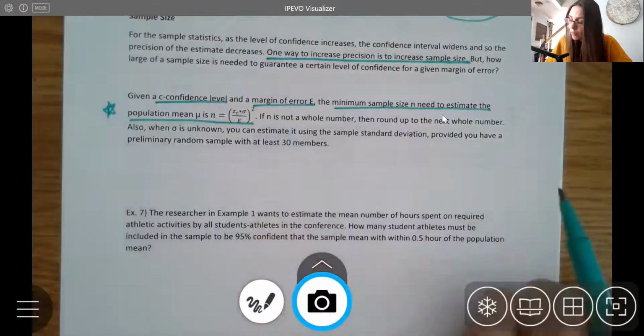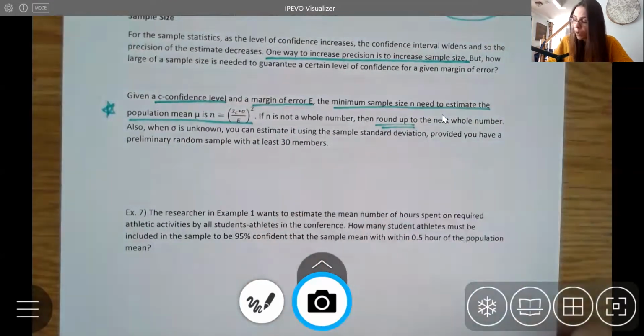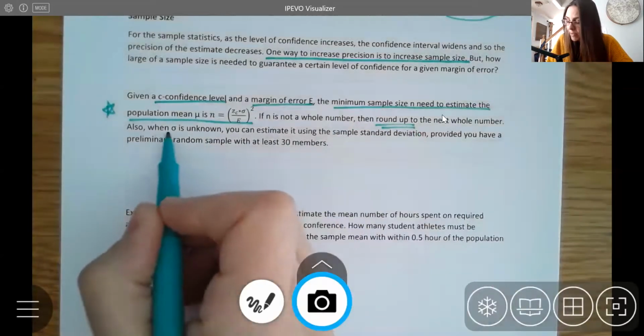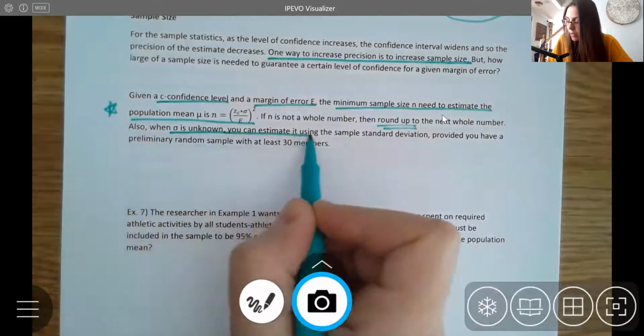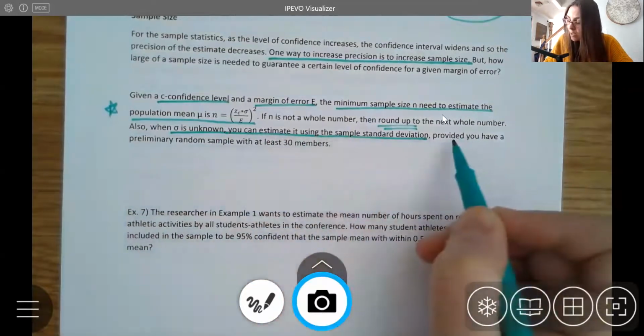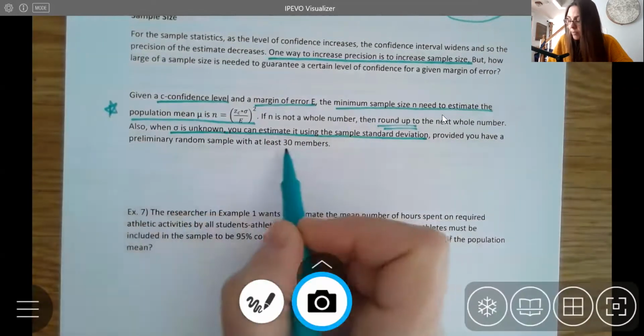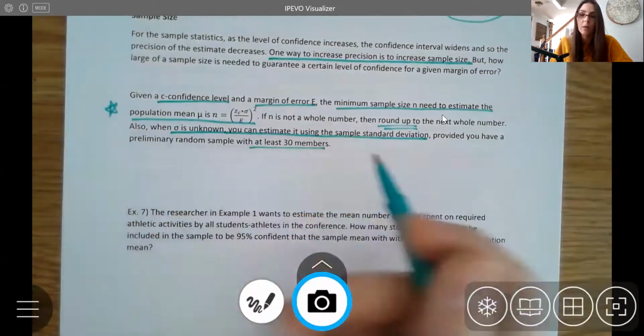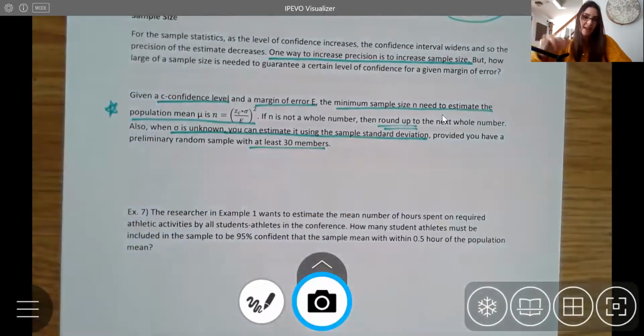If n is not a whole number, we always round up to the next whole number, otherwise you'll be too small. And in this case, if sigma is unknown, you can estimate it using the sample standard deviation, assuming that you already have a random sample with at least 30 members. So you could use previous data that you've already had, or if you started collecting data already, you could use the first 30 or 40 data points you have and find the sample value that way.